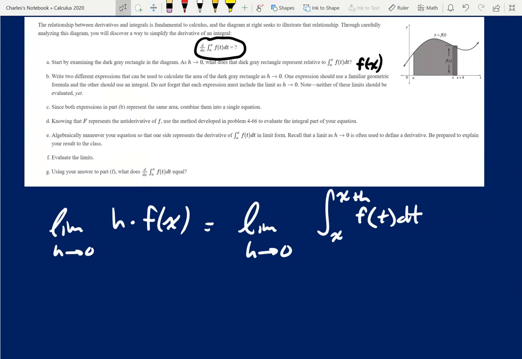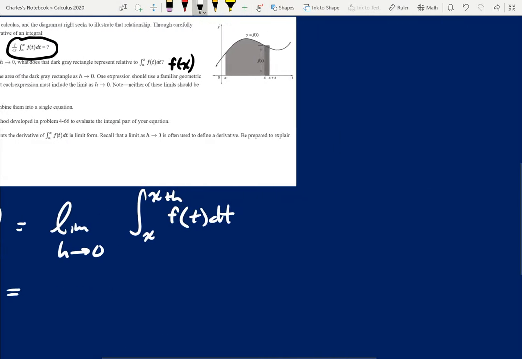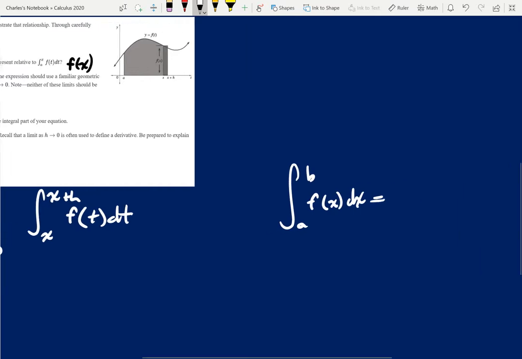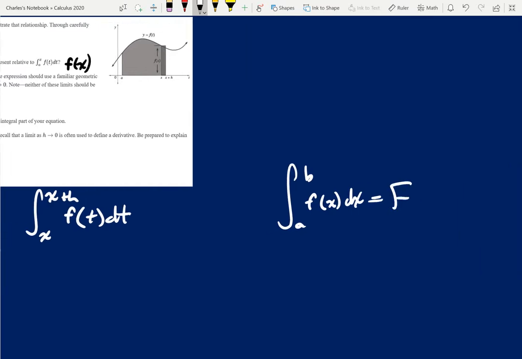Since both expressions in part B represent the same area, combine them into a single equation. Now D, knowing that capital F represents the antiderivative of lowercase f, use this method developed in problem 66 to evaluate the integral part of your equation. Okay, so that's talking about the right-hand side here. If I want the integral from a to b of f of x dx, this is how we define these functions, it would be F of b minus F of a.